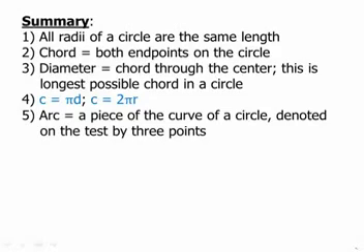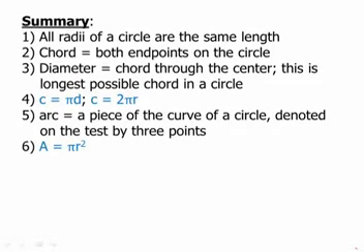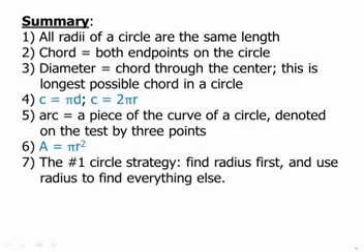An arc is a piece of the curve of a circle, denoted on the test by 3 points. Area equals pi r squared. And the number one circle strategy is find the radius first and use the radius to find everything else.